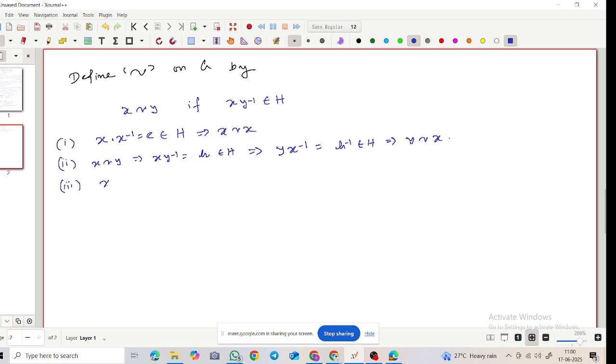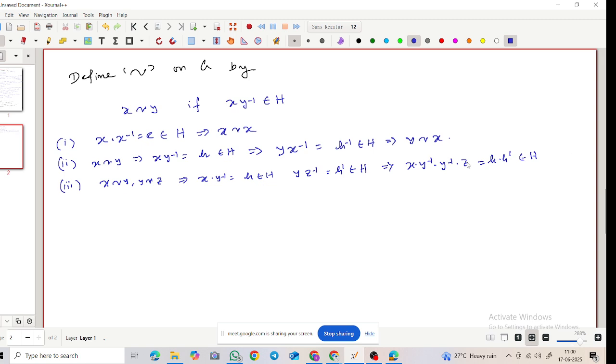And if x is related to y and y is related to z, then x y inverse equals h belonging to H, and y z inverse equals some h prime belonging to H. If you multiply these, you get h times h prime, which is also in H because H is a subgroup.